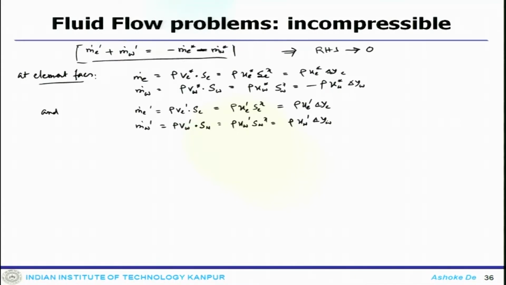Where ACX is delta YE, and SWX is minus delta YW, which is used because we are in a one dimensional stencil.